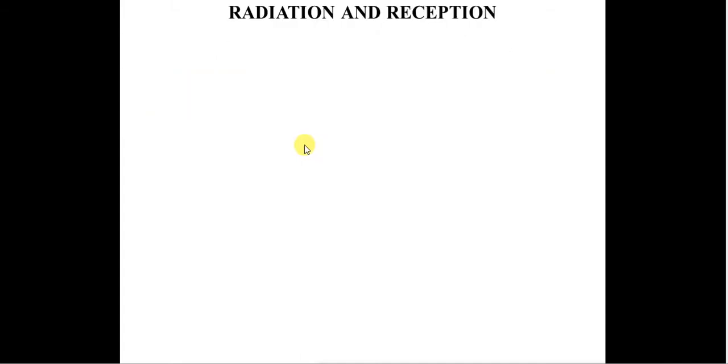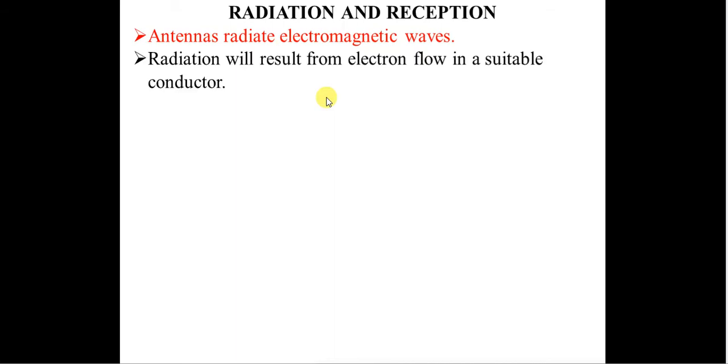Next is radiation and reception. Antennas radiate electromagnetic waves. This radiation results from the electron flow in a suitable conductor.